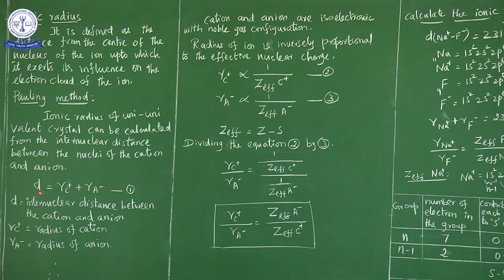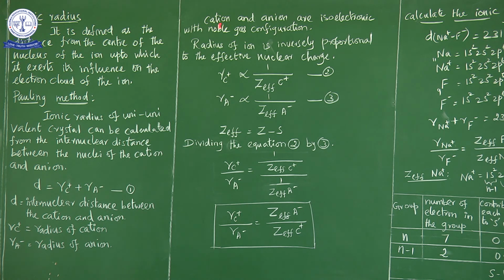That is, the internuclear distance between the cation and anion is equal to the sum of the radius of the cation and the radius of the anion. Because the cation and anion are touching each other, the sum of the radius of the cation and anion is equal to the internuclear distance between them. Rc plus is the radius of the cation and Ra minus is the radius of the anion.